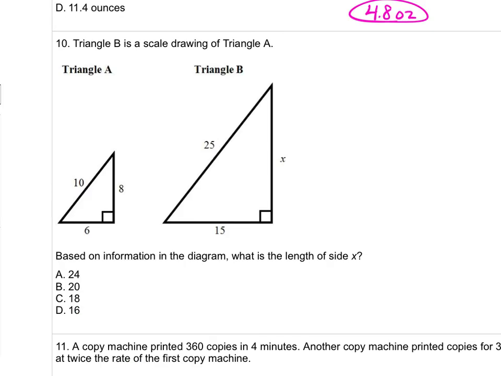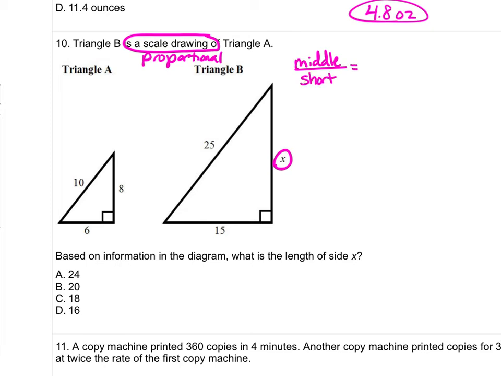Number 10 is another proportion problem. It tells us that triangle B is proportional. Scale drawing means proportional to triangle A. So I'm looking for X. X would be the middle length. So I'm going to compare the middle to maybe the shortest side this time.